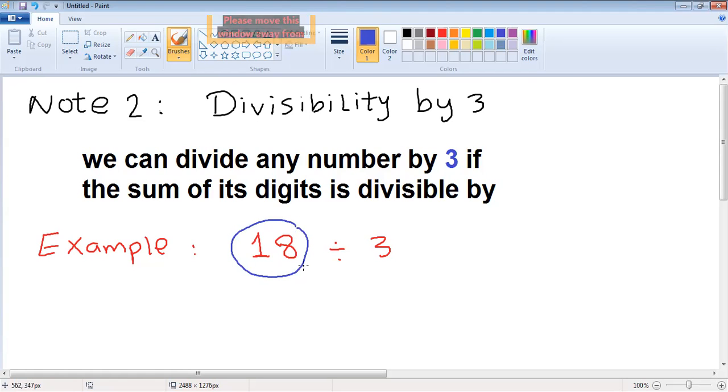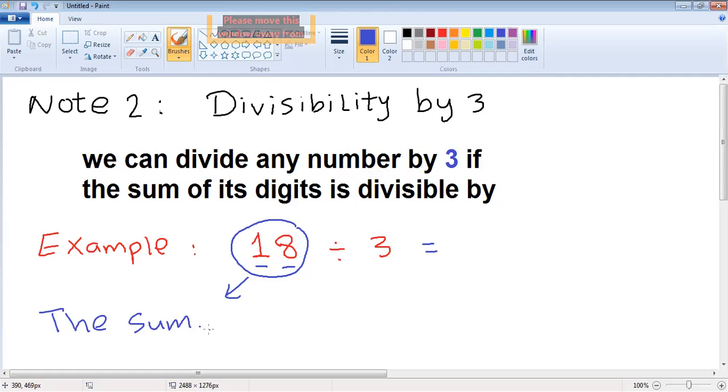How many digits for 18? 1 and 8, so 2 digits, right? Okay, can you add 1 to 8? 1 plus 8 is equal to what? 9.